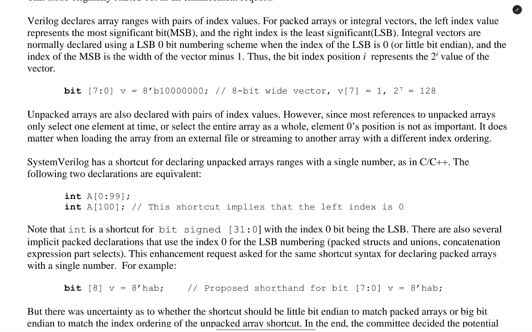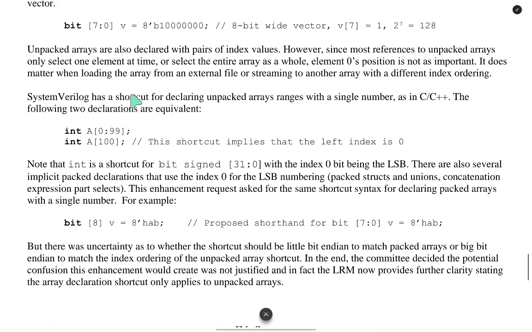It does matter when loading the array from an external file or streaming to another array with a different index ordering. SystemVerilog has a shortcut for declaring the unpacked array's range with a single number, as in C or C++.